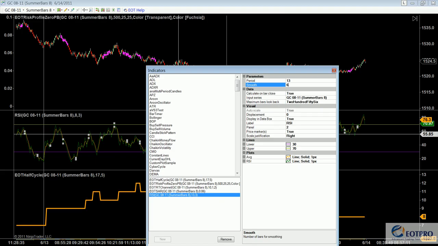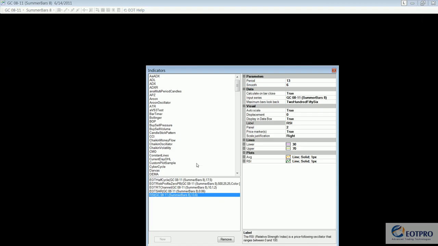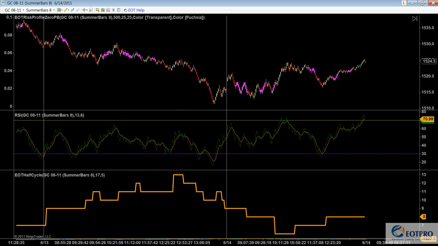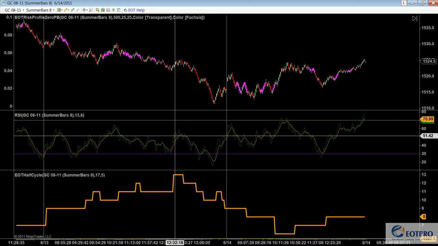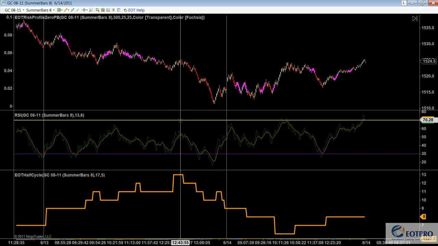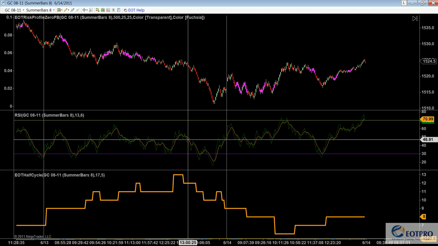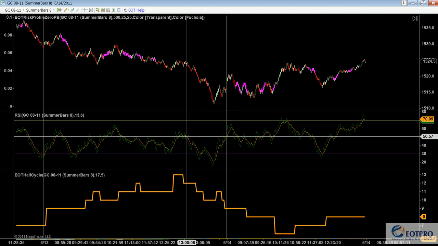You can see back here when the EOT half cycle was set to 13, the RSI didn't even reach overbought condition. It just started to turn down very quickly. And so that's how we dynamically adjust all of our indicators.